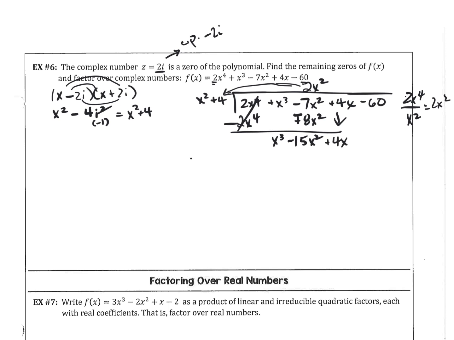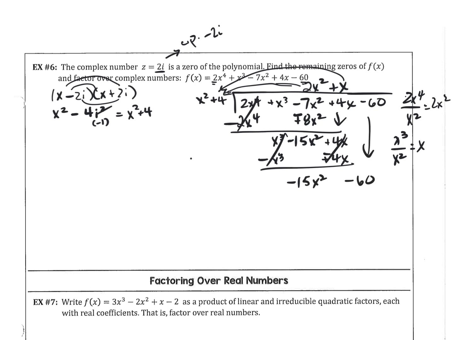Now we start all over again. I'm going to take x cubed divided by x squared, we get x. So this is positive x. Multiply it in, we get x cubed plus 4x. That goes minus, that goes away, negative 15x squared. Bring down minus 60.